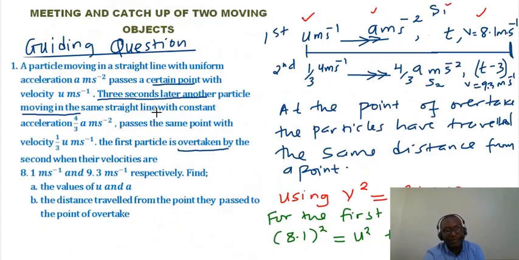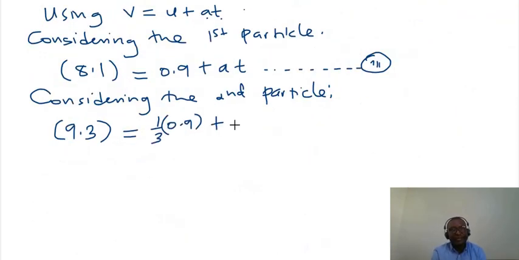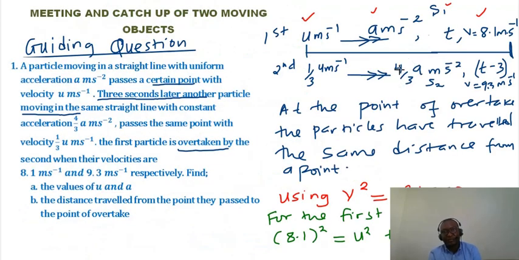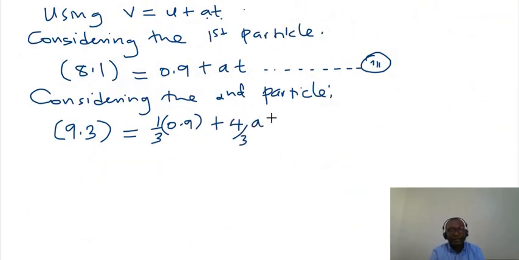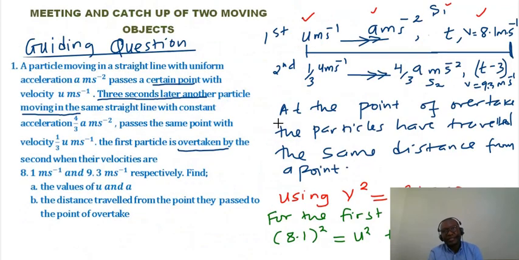Now considering the second particle and using the very equation, the second particle's final velocity is 9.3. Initial velocity of the second particle is a third u, and we have got the value of u. So this is a third of 0.9, plus the acceleration of the second particle was higher and it was 4 over 3 a. And now the time for the second particle delayed 3 seconds.